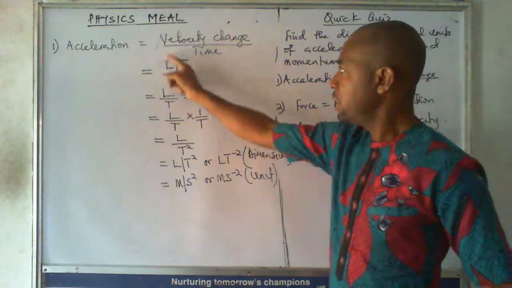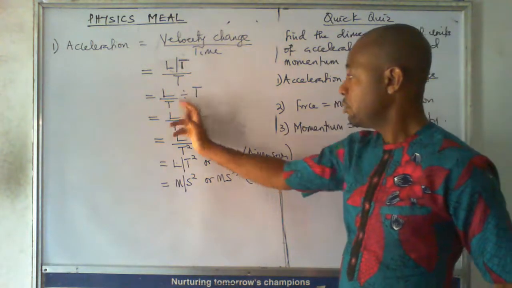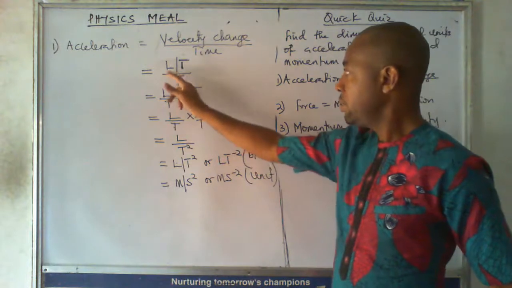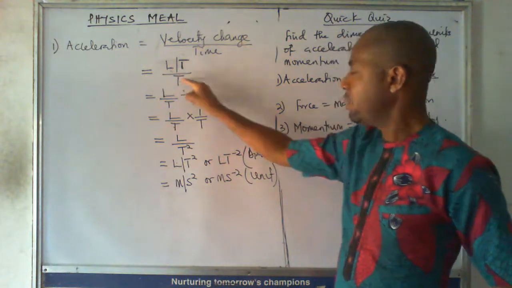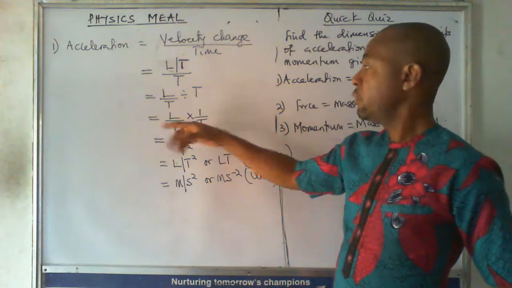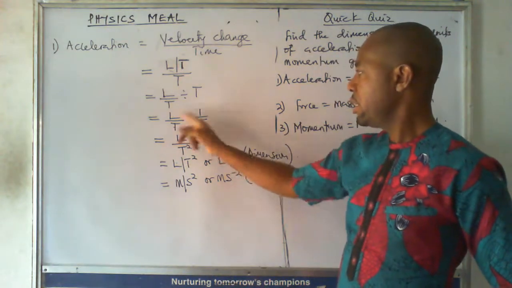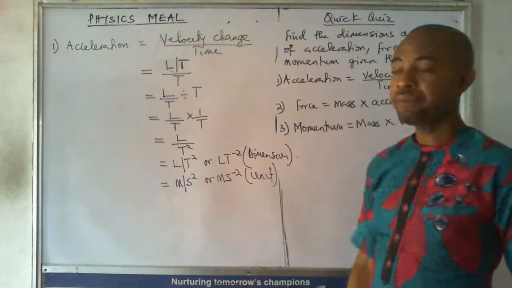Now physics has just ended, we're now applying mathematics. So when we do that, this means length per time divided by what? Time. And that's what we did here to make it clearer. So we change division to multiplication, then we have this.